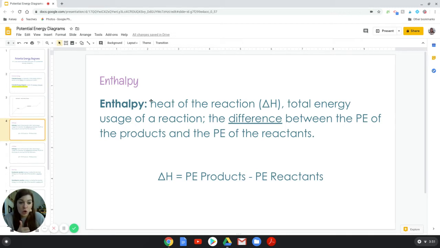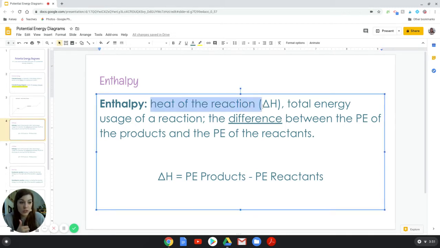Enthalpy, which is also called the heat of reaction, or delta H, is going to tell us the overall loss or the overall gain of energy by the end of the reaction. And we can calculate this by finding the difference between our starting point and our end point. If you want it specifically in math terms, it would be delta H is equal to the potential energy of the products minus the potential energy of the reactants.